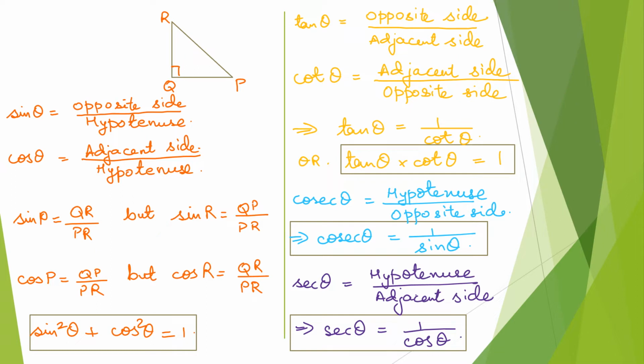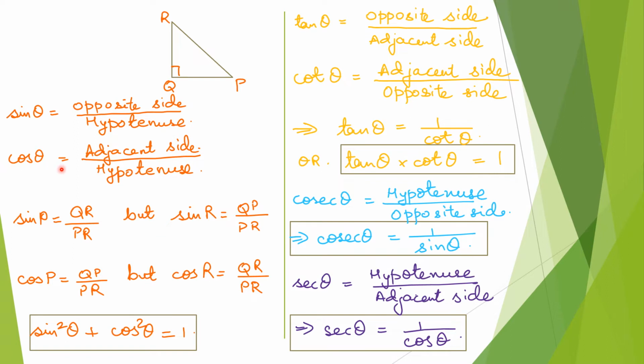You first are looking at a right angle triangle. Consider a right angle triangle in which the right angle is Q and you have the other two angles as P and R. So first and foremost, sine of any angle is defined as the opposite side divided by the hypotenuse.